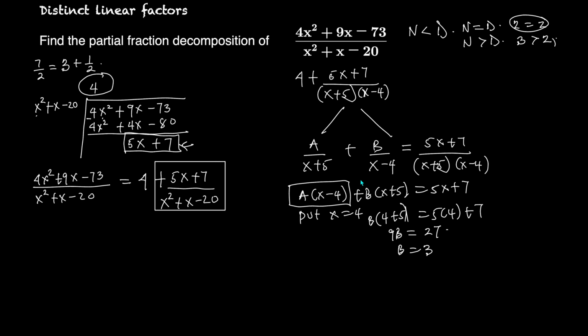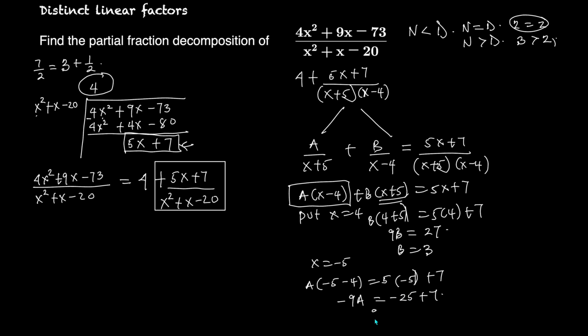So I'm covering b now this time around, so I'm making this 0, so I'm substituting x equals negative 5. So a times negative 5 minus 4 equals 5 times negative 5 plus 7. Sorry about that. So this is negative 9a equals negative 25 plus 7.